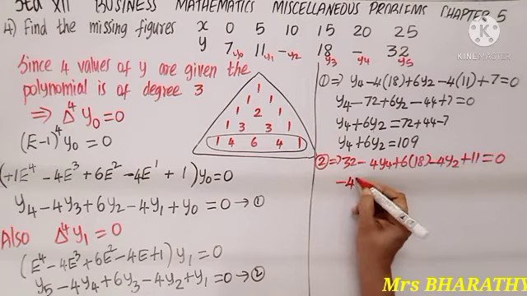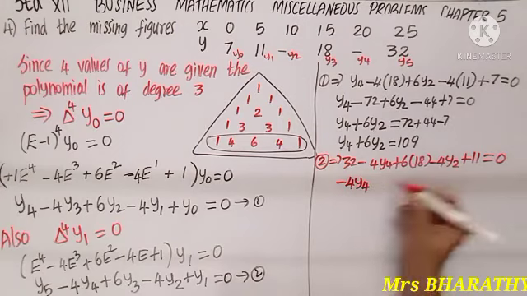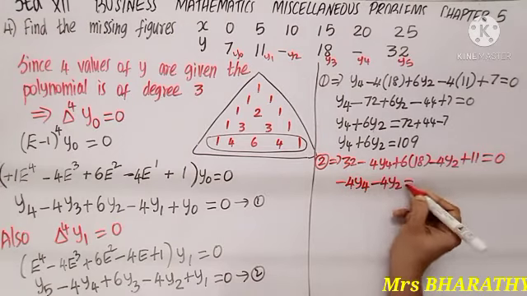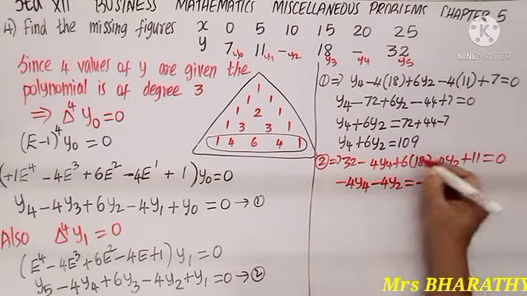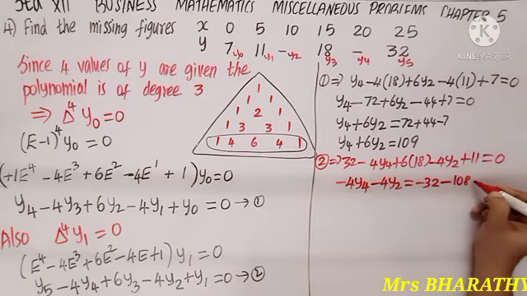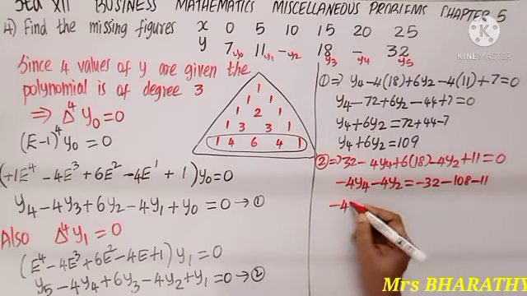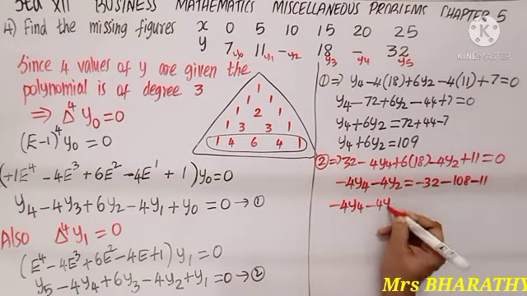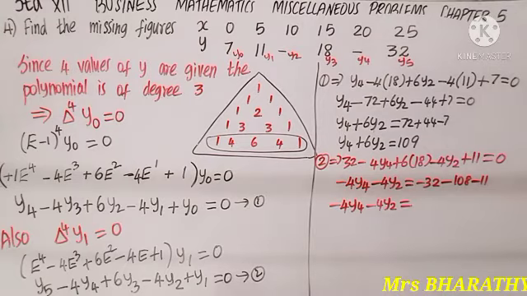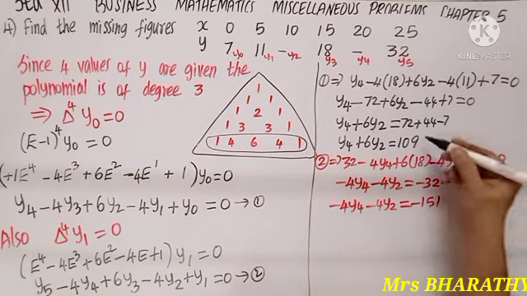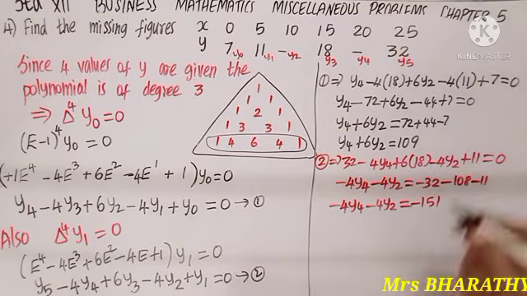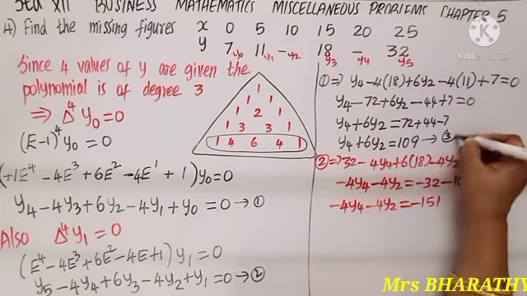As I simplify, minus 4 y4 minus 4 y2 equals minus 32 minus 108 minus 11. Minus 4 y4 minus 4 y2 equals, we get minus 151. As we simplify these two, this equation let me call 3.